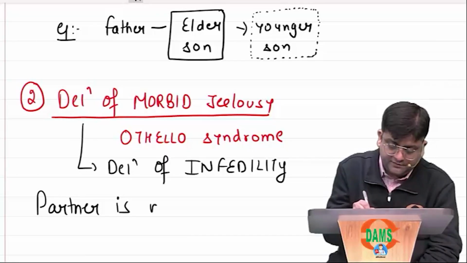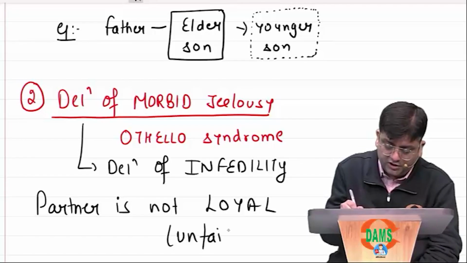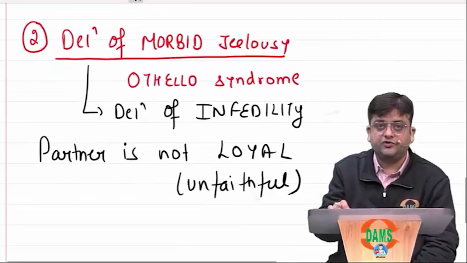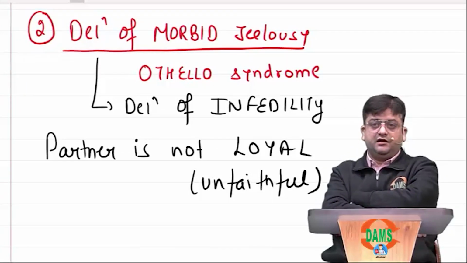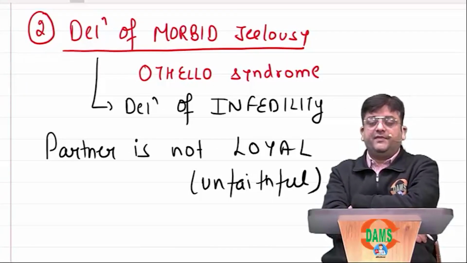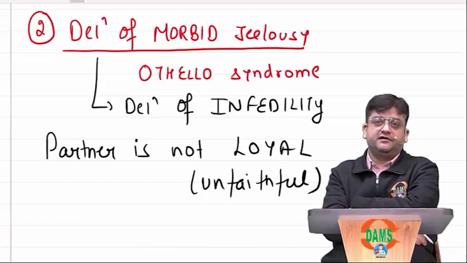In this, the person feels that my partner is not loyal. In the textbook you will find the definition: spouse is cheating, wife is cheating, husband is cheating. But technically, wife, spouse, partner is not required.